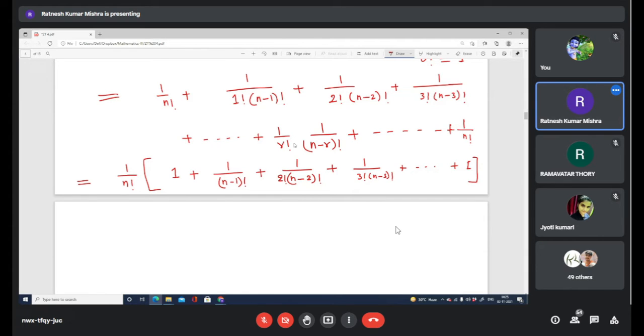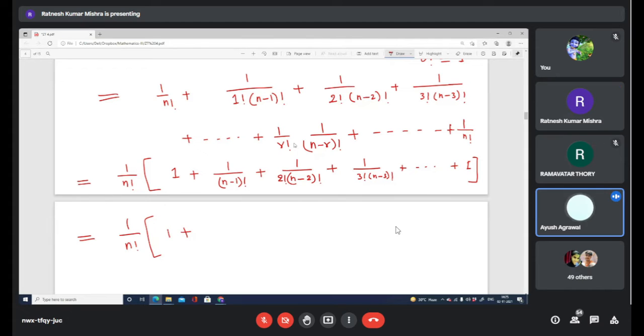Now this is, so therefore this is 1 by n factorial 1 plus, second term, no no no.